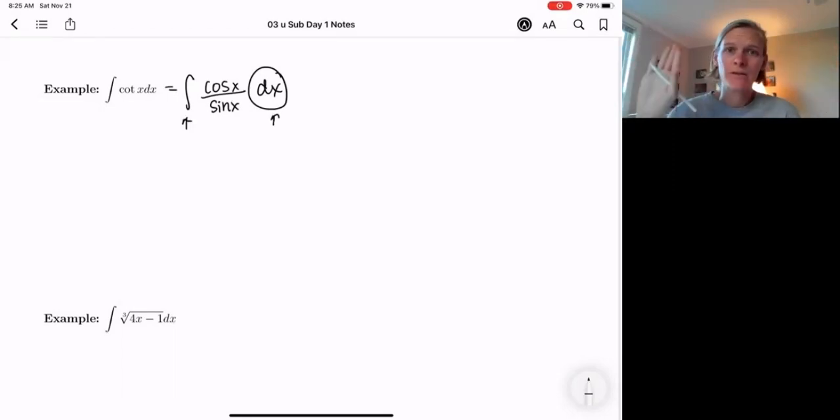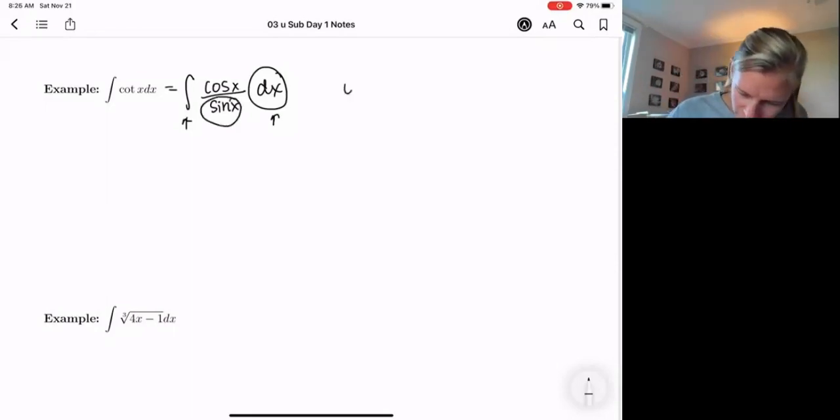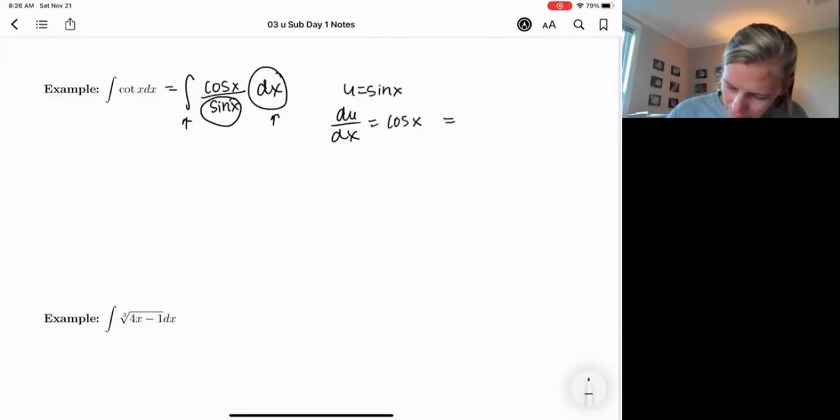So we don't want our du to be in our denominator, which means that we really should pick our u to be sine of x, because otherwise du will end up in the denominator. So then du over dx is cosine of x, which means that dx is du over cosine.